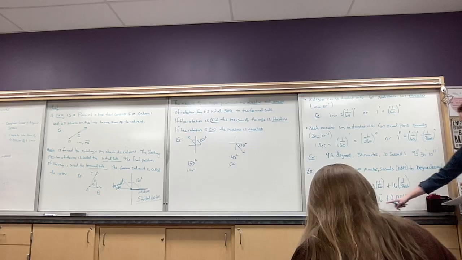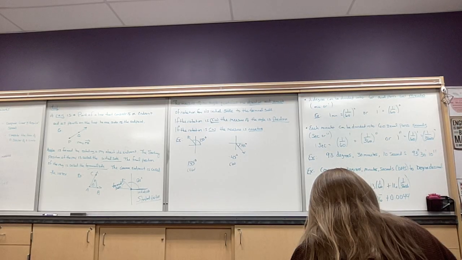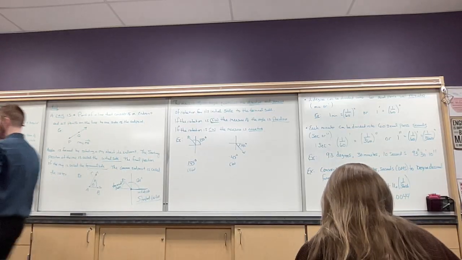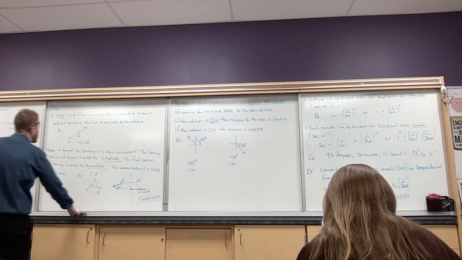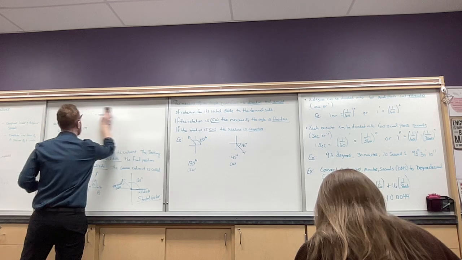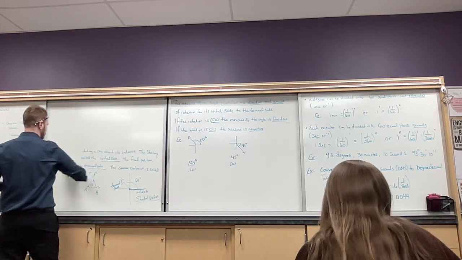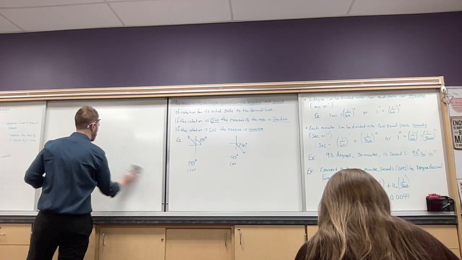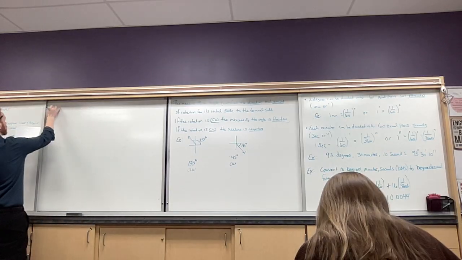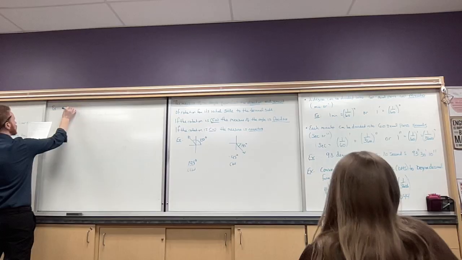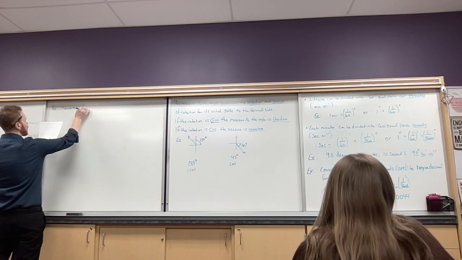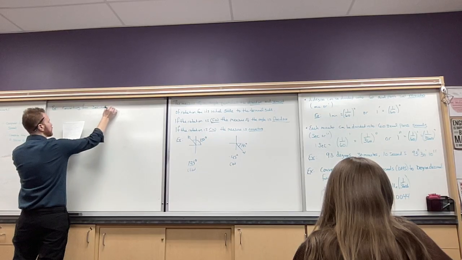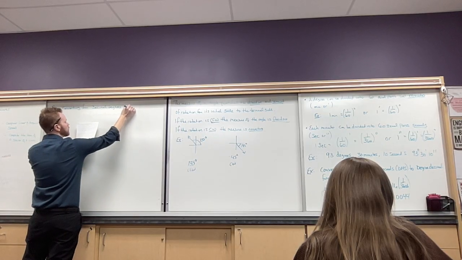Now we're gonna go backwards. What if I had this? Can we go back to degrees, minutes, and seconds? I'm gonna put on that board over there. So we're gonna try converting from decimal degrees to DMS form.